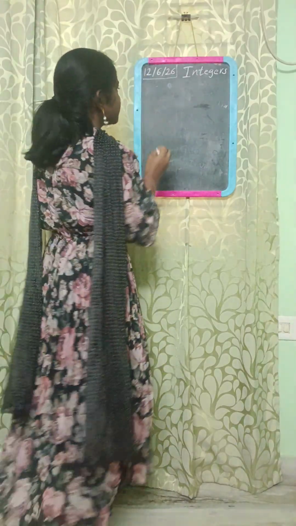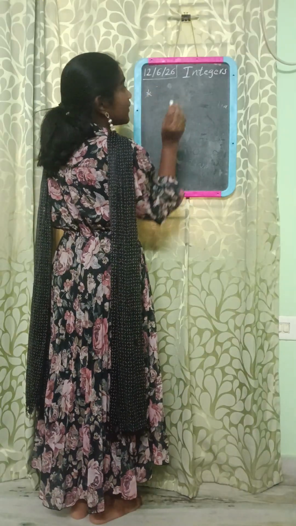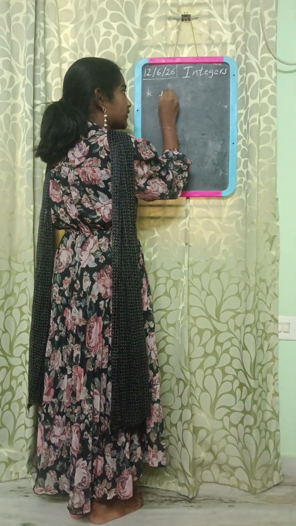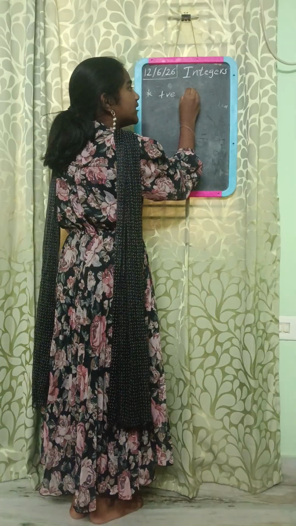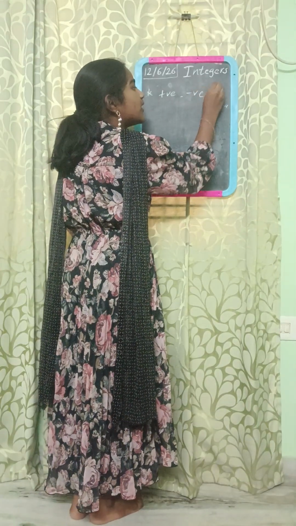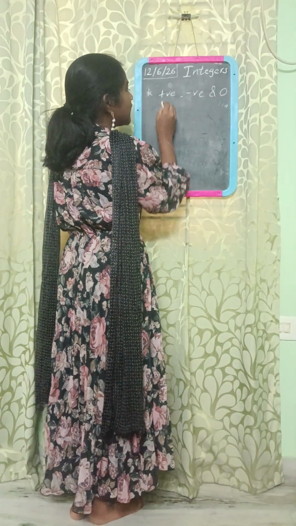So what are integers? Integers are a set of numbers which include positive numbers, negative numbers, and 0.